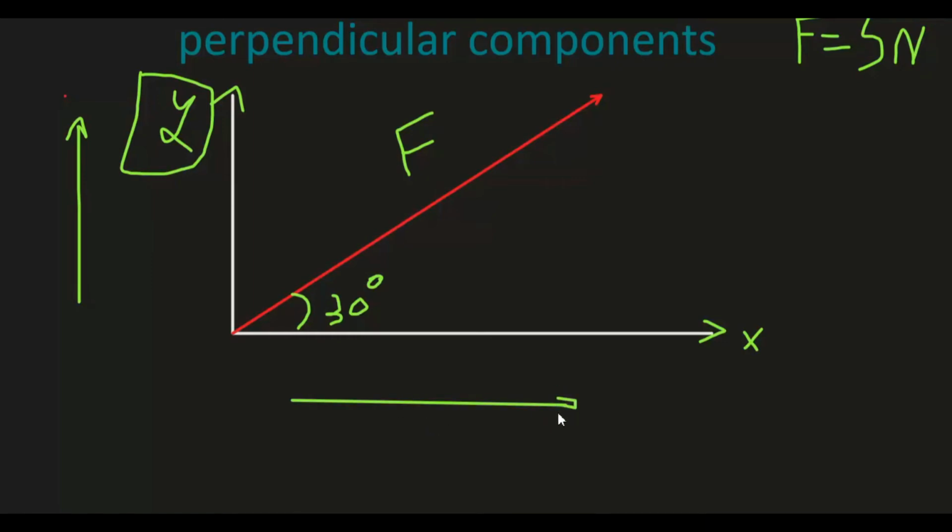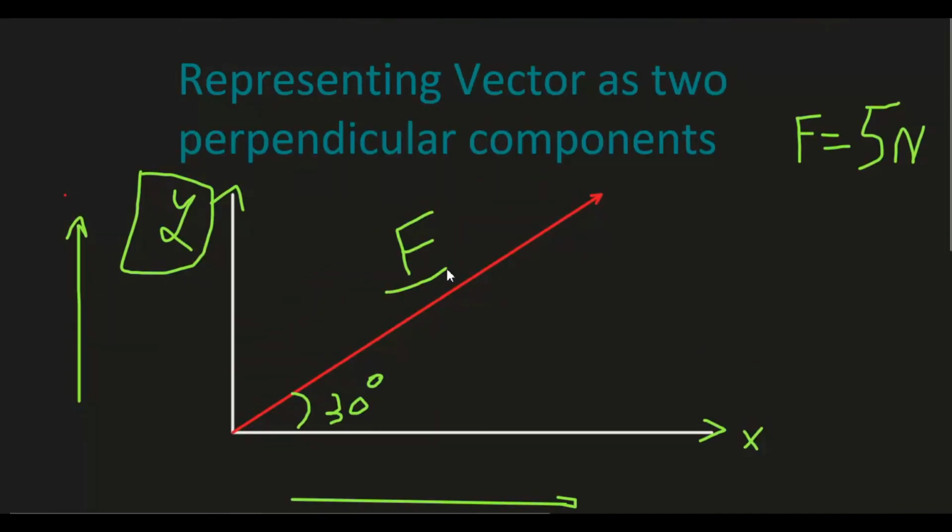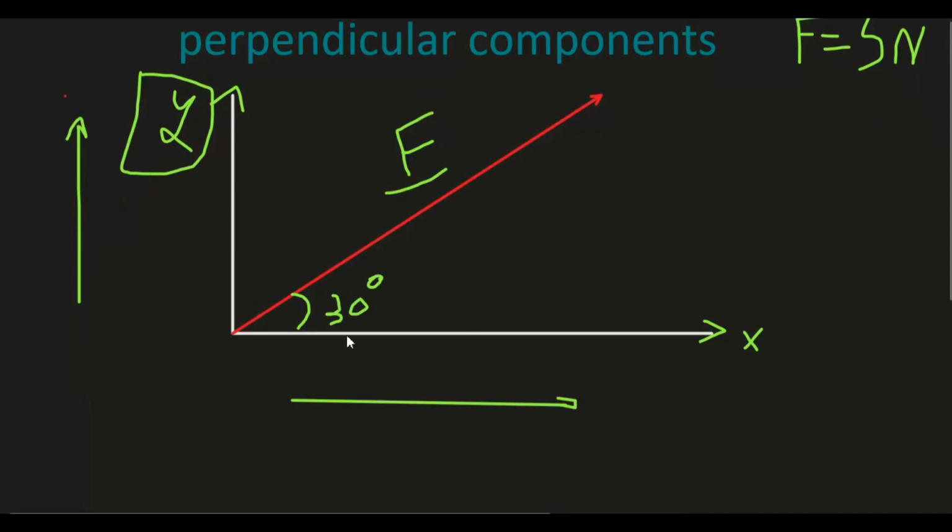So what do I mean by that? By component I mean that this force F is made of two forces acting on this point, and this F is the resultant force of the two force. One is the vertical force, one is the horizontal force, and when these two forces acted on this point, the resultant force is this.